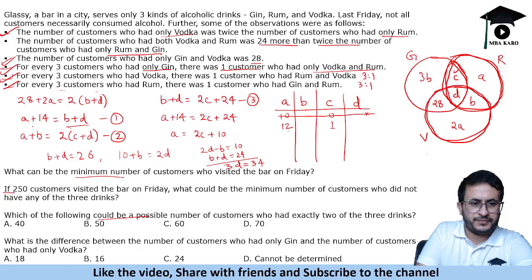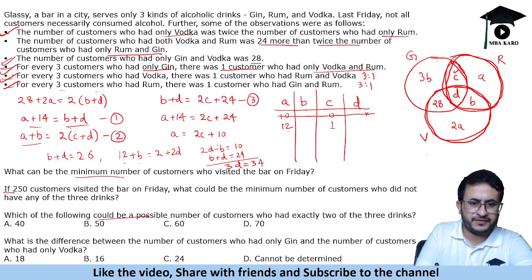And A plus 14, that is 26, is B plus D. Then we will put in this equation A plus B, that is 12 plus B, will be equal to 2 into C, that is 2, plus 2D.